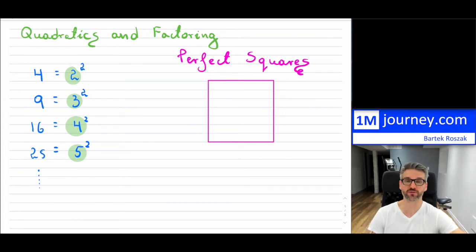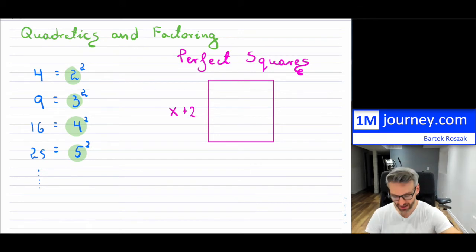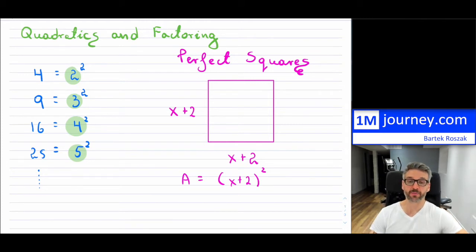For instance, instead of a number, what if we had x plus 2 as the length of our side? If I wanted to make a perfect square, the other lengths would also have to be x plus 2. That means the overall area would be x plus 2 squared, and I would get a perfect square out. Now my perfect square is no longer a number. It's an expression in this case.